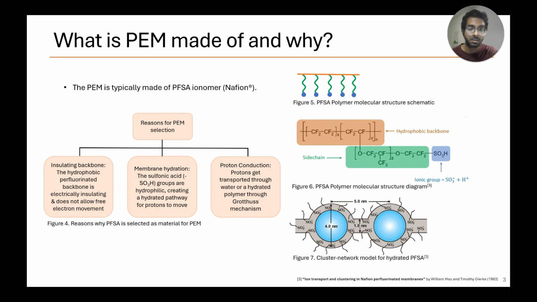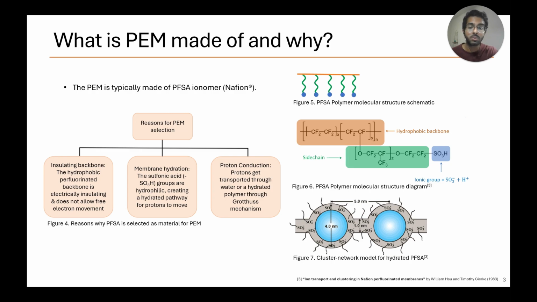This hydrophobic group is electrically insulating and hence does not allow free electron movement. Now this ionic group highlighted in blue is hydrophilic, and this creates a hydrated pathway for protons to move.